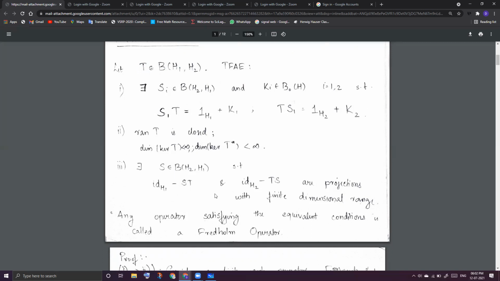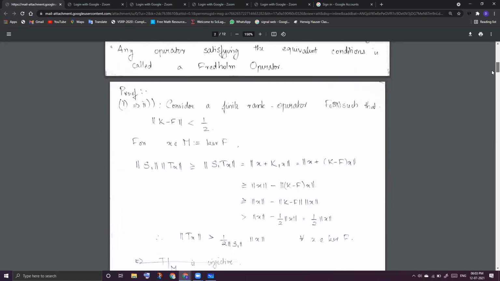And here we will see that this compact operator is actually a finite dimensional projection. This is an easier way to see if an operator is Fredholm. So I'll prove this theorem first.